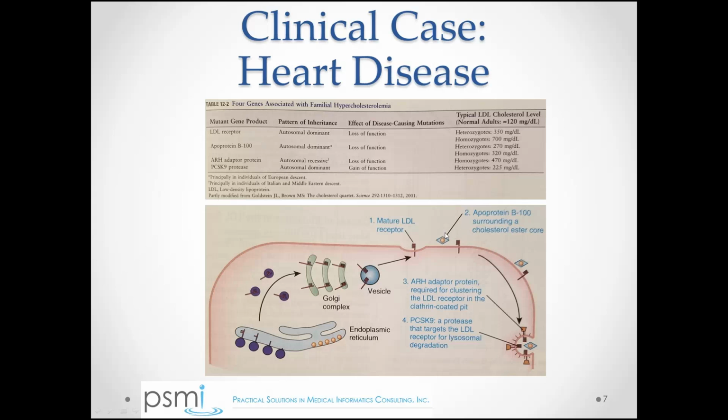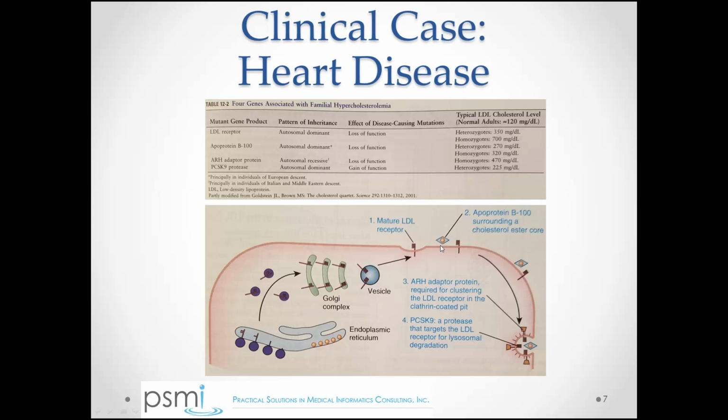The LDL cholesterol is a cholesterol ester core surrounded by a specific lipoprotein called B100. So this is an LDL particle that would be circulating in the plasma. And this LDL particle binds to the LDL receptor.